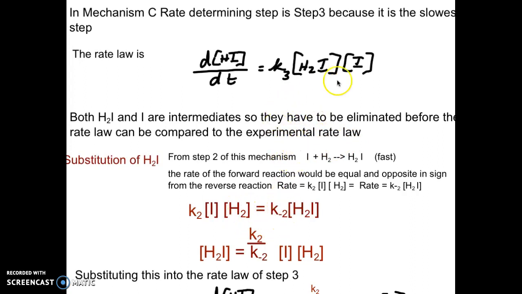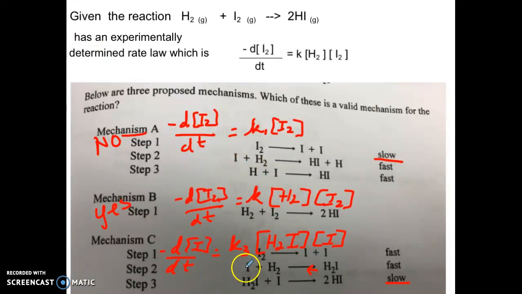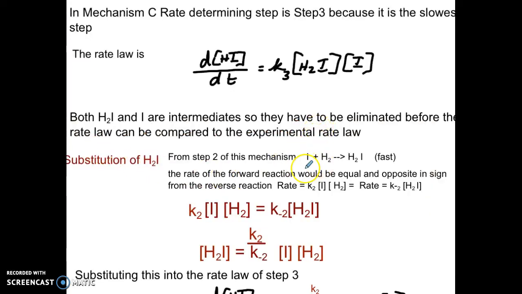In order to eliminate them, in this first term I'm going to substitute out this H2I. Looking at step 2 of the mechanism, I plus H2 making H2I, if you're wondering where I got that from, that's exactly the same step.